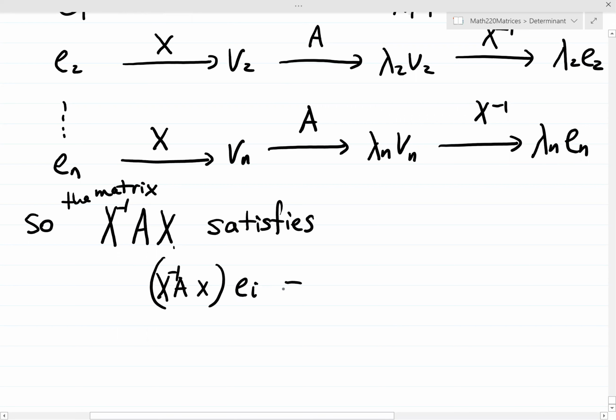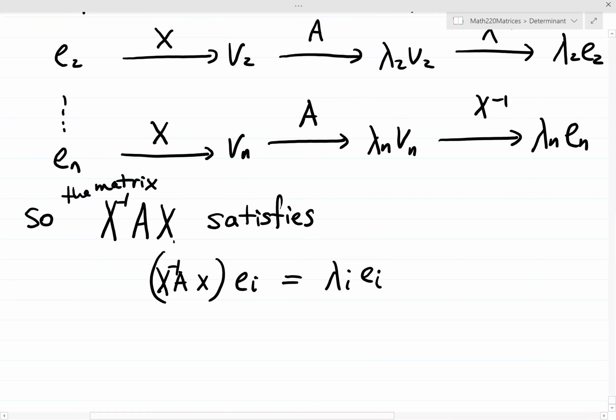This is exactly what a diagonal matrix does.